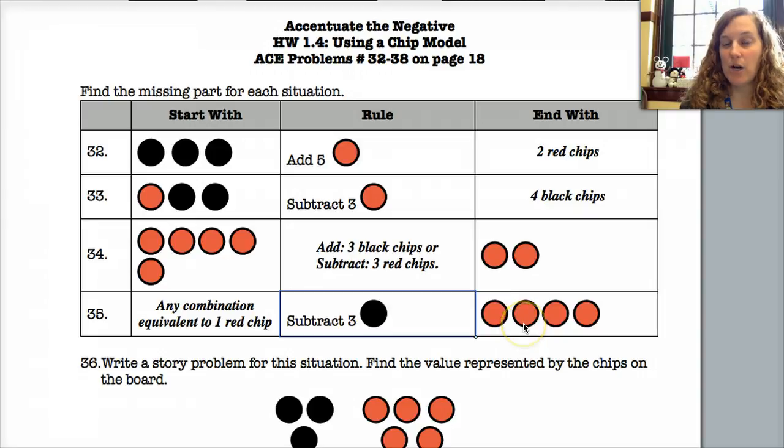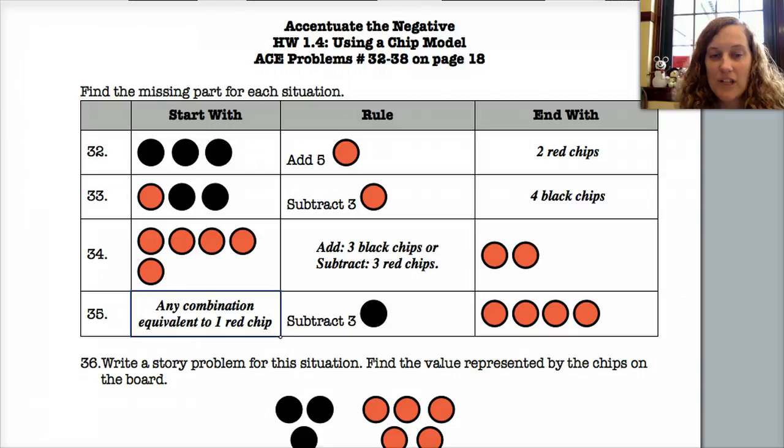Here we don't know what we're starting with, but we need to subtract 3 red chips to get 4 red chips. So basically, you're subtracting 3 and ending with 4, so you need any combination that will give you 1 red chip. 1 red chip minus 3 will give you negative 4, but to think about it more easily, if you want to have 4 reds when you're done, we can start off with 4 reds and 3 blacks.